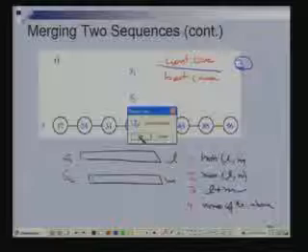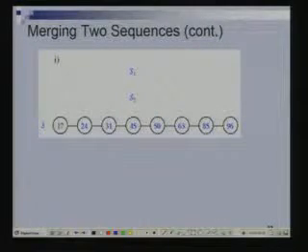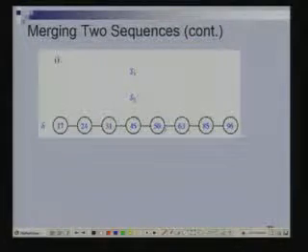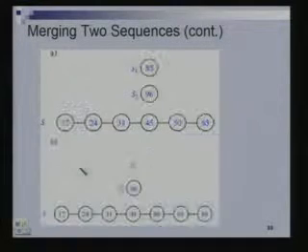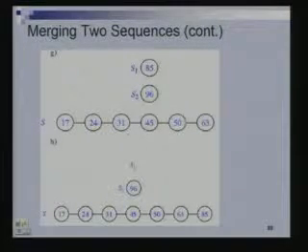Okay, so you all understand this. So in the worst case, why do you require L plus M comparisons? You might require as many as L plus M comparisons, right? In fact, not necessarily, right?